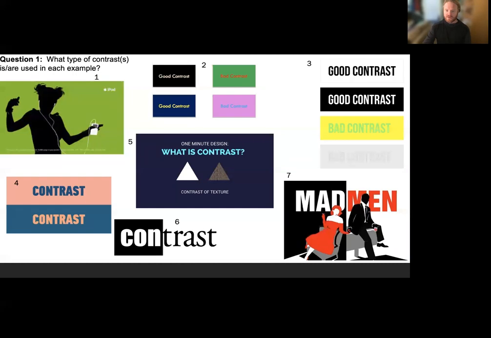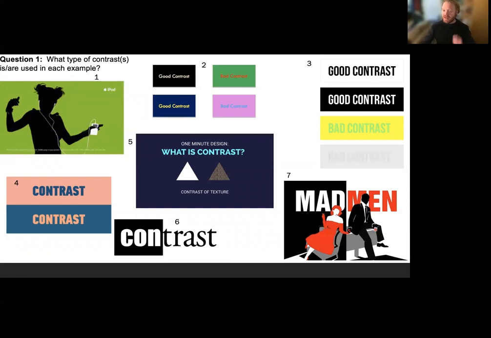So that brings us to the worksheet and question number 1. So you should have 7 answers for this question. What type or types of contrast are being used in the images on this slide? Pause the video and take maybe 10 minutes to write about which types of contrast are being used in each image.